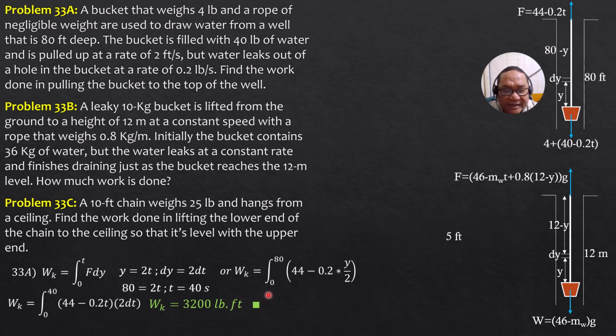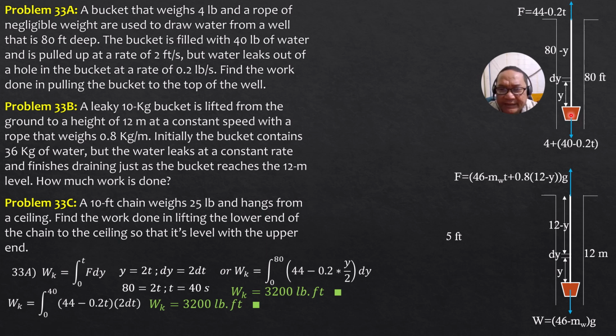So work equals the integral from 0 to 80 of 44 minus 0.2 t, and t is y over 2, then dy. Using your calculator again, it will give us the same result of 3,200 pound-foot.